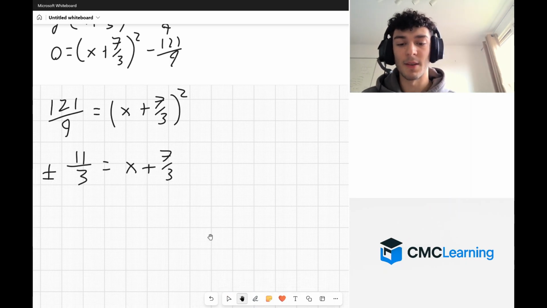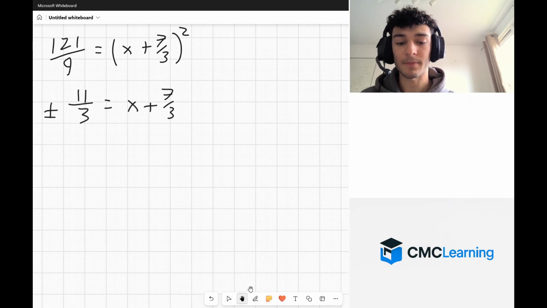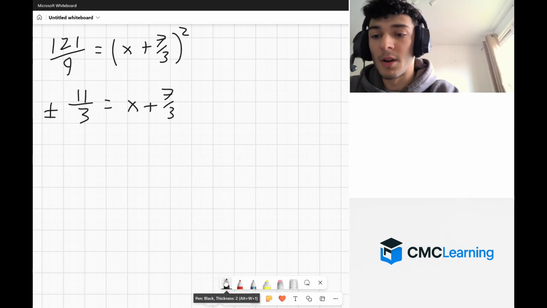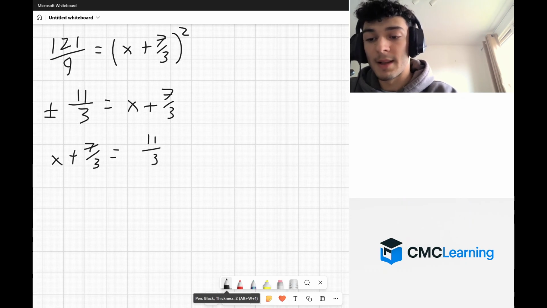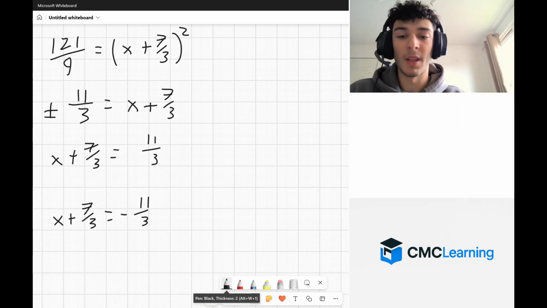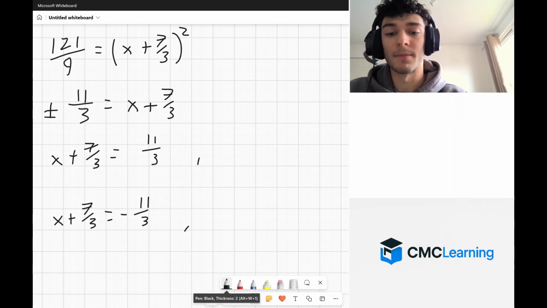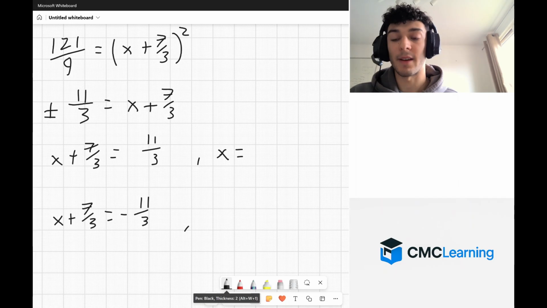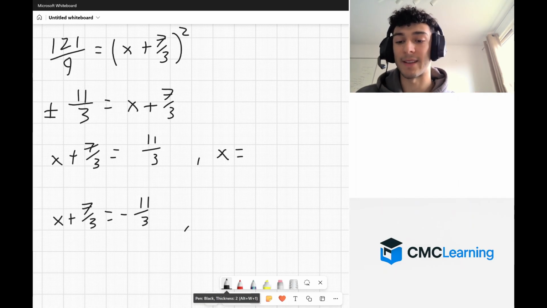Just like this, we essentially have two equations. I think it would help to write this out as two equations. We have x plus 7 over 3 is equal to positive 11 over 3, and here we have x plus 7 over 3 is equal to negative 11 over 3. From here we should be able to say what our value of x is, simply by moving that fraction to the other side, or adding or subtracting this factor.